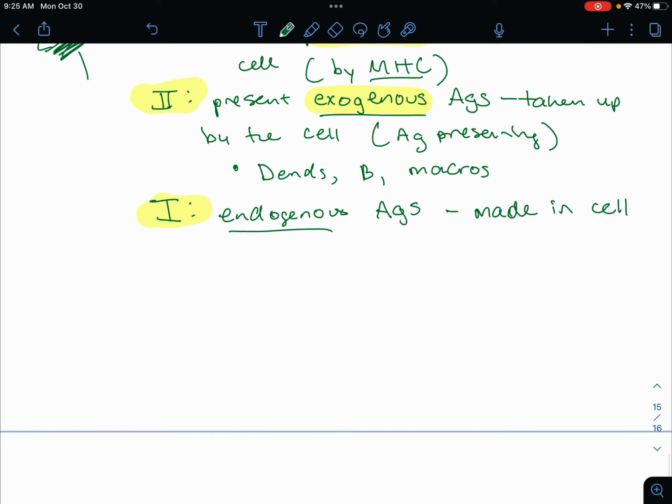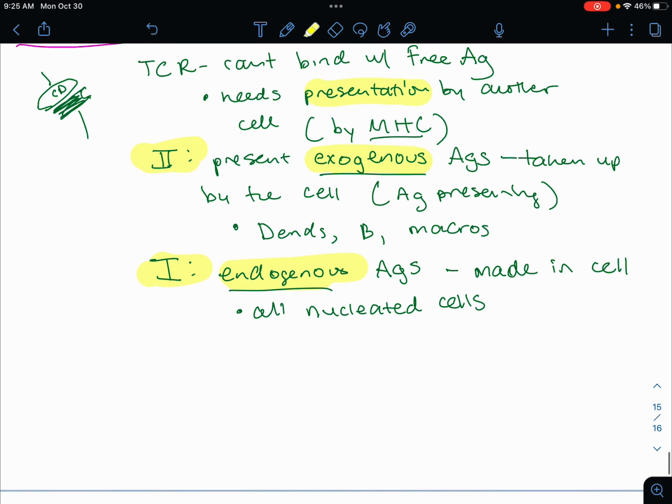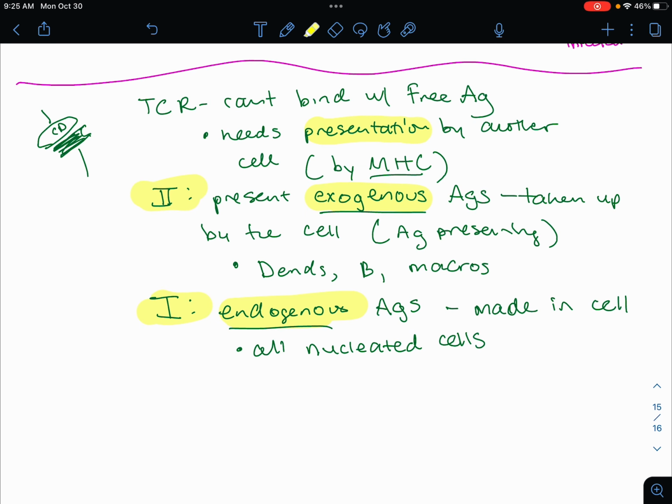These are going to be found in all nucleated cells. Made in the cell is type 1, whereas type 2 is the exogenous antigens. It's taken up by a dendritic cell, a B cell, or macrophage. And again, presentation, that's how we get the response.